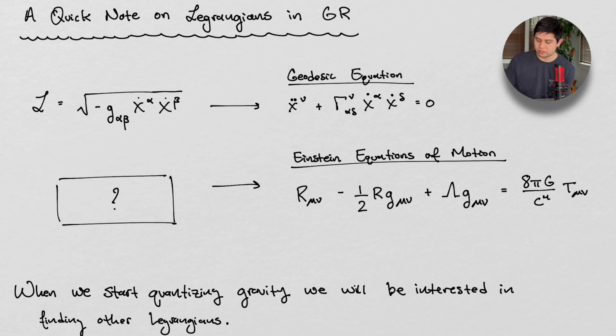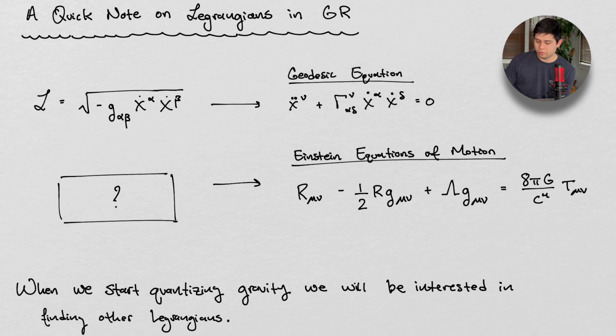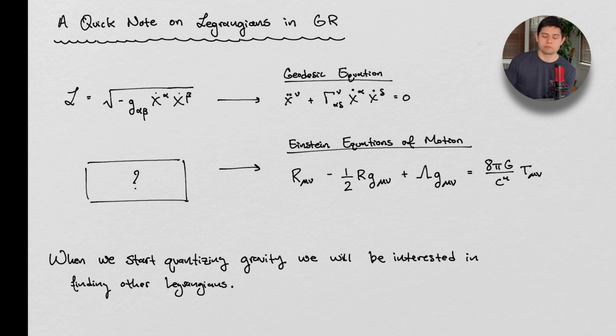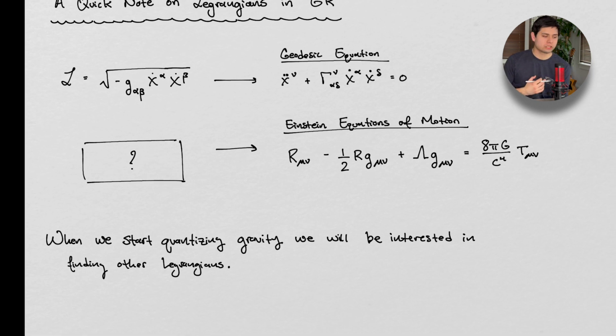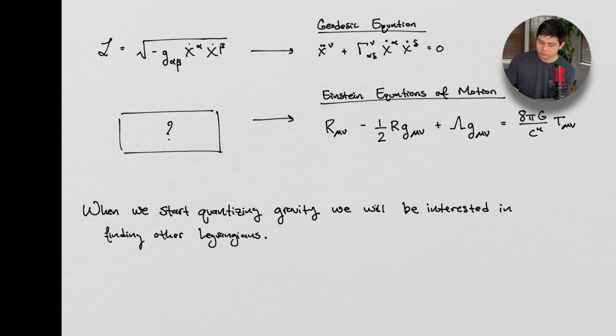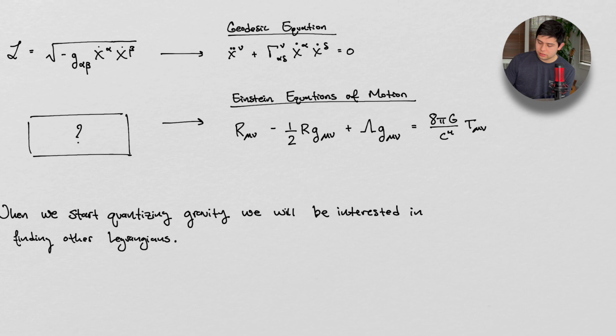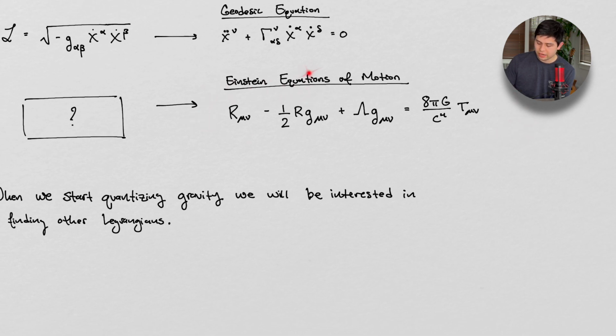The geodesic equation is our set of coupled differential equations that tell us something about the shortest path that we want to pursue on some curved manifold. The question becomes, are there other Lagrangians out there that can provide us other types of differential equations that are relevant in general relativity? The most important being the Einstein equation of motion.